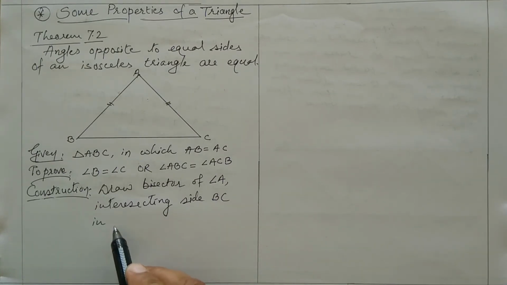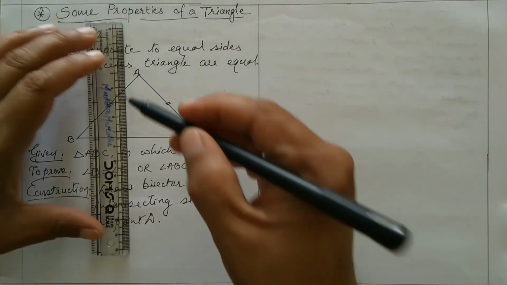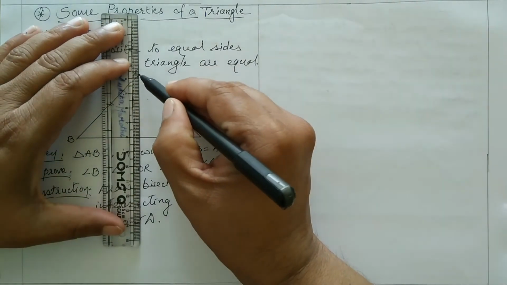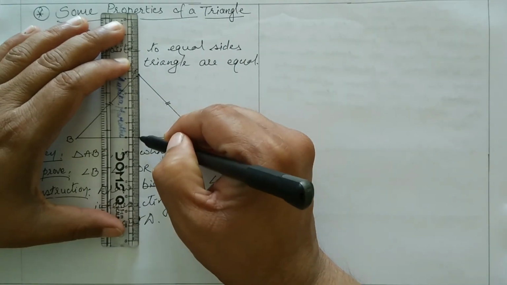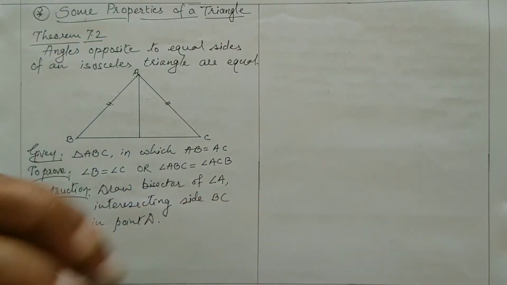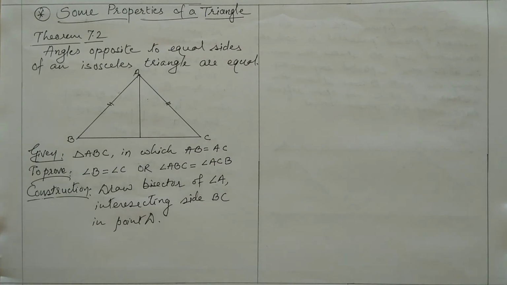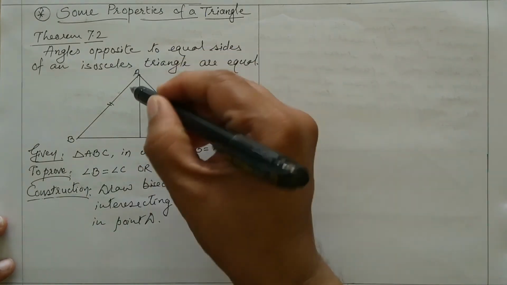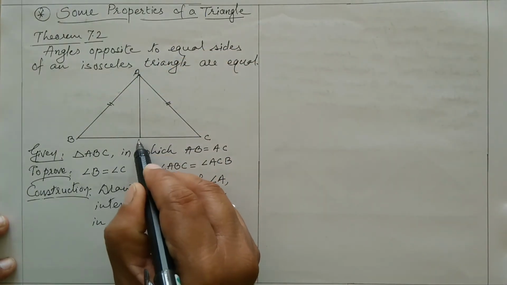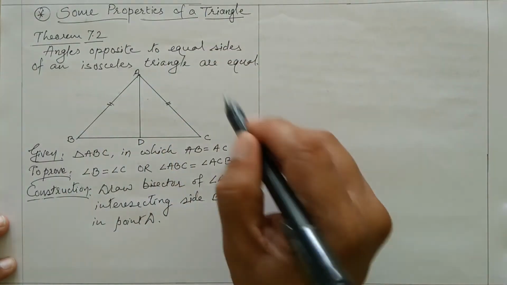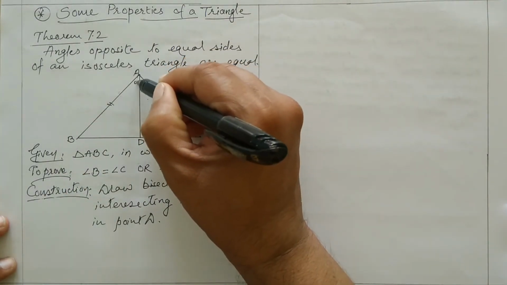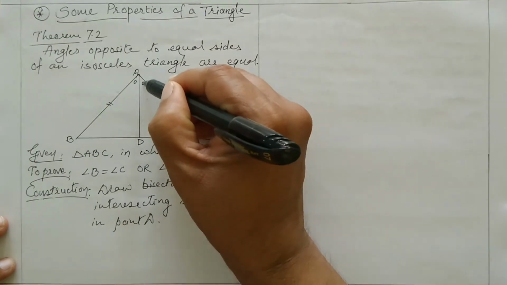Let that some point be D. So we will write inside BC in point D. So you can consider this is a bisector of angle A. Now we are not using here all the techniques of construction. We have to consider that AD is a bisector of angle A. A means BAC. Therefore angle BAD is equal to angle CAD.